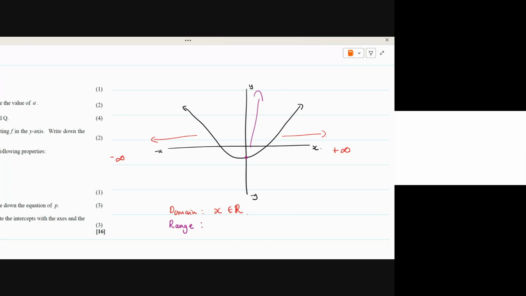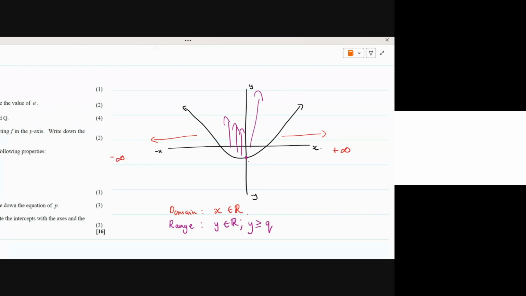So my y values, my range, is an element of all real numbers, but because it's smiling, all my values can only be greater than or equal to the turning point, which is the q value. Does that make sense, grade 10s?